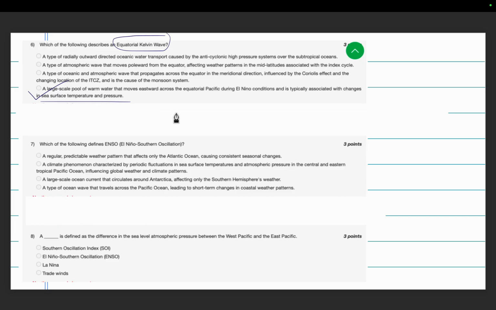Which of the following defines the ENSO, that is El Nino Southern Oscillation?